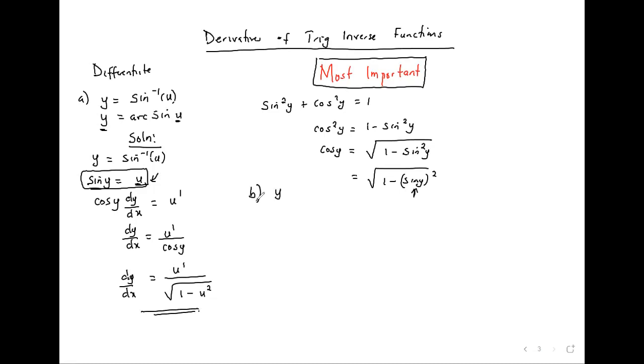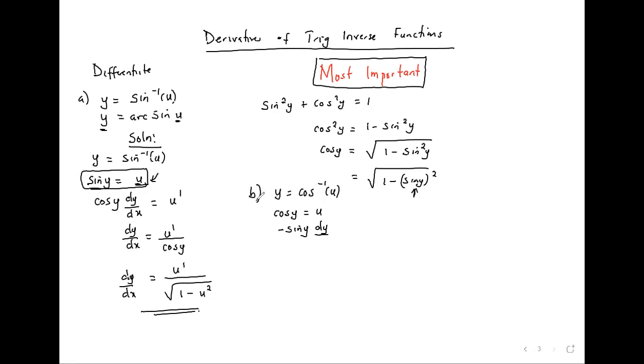If you are dealing with y is equal to cos inverse u, you say this is the same as cos y is equal to u. So cos y is u. Then we differentiate. The derivative of cos is negative sine.